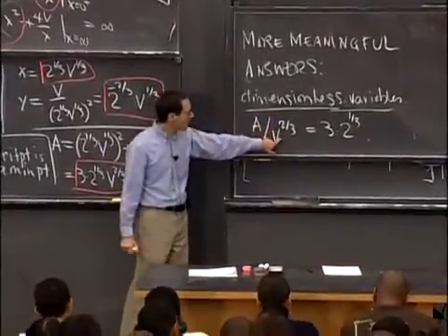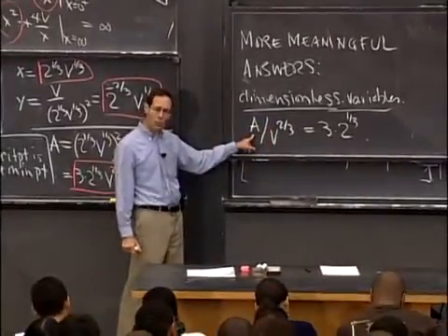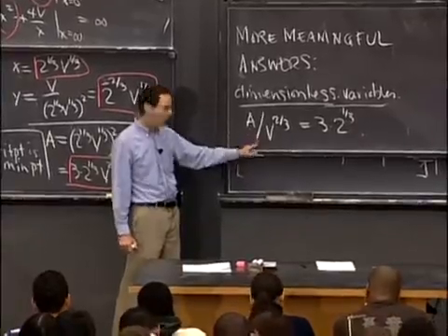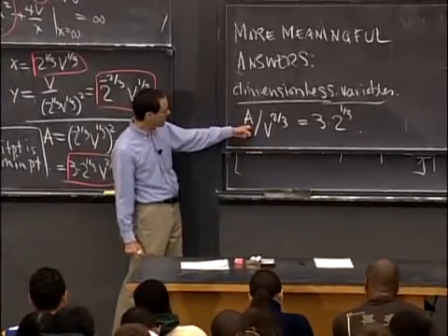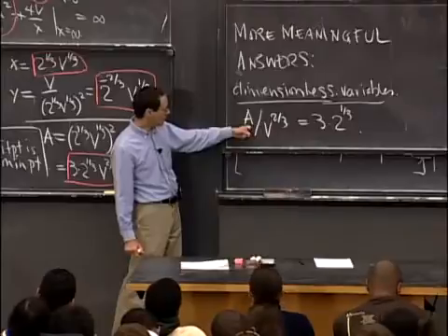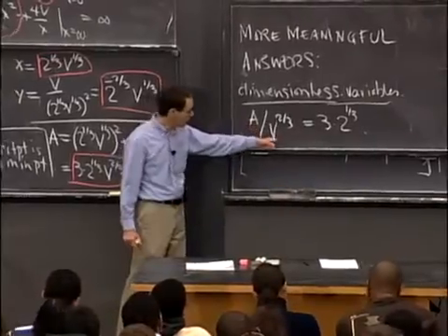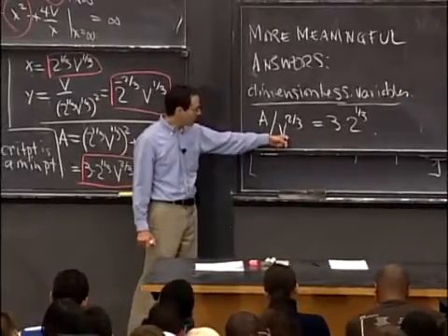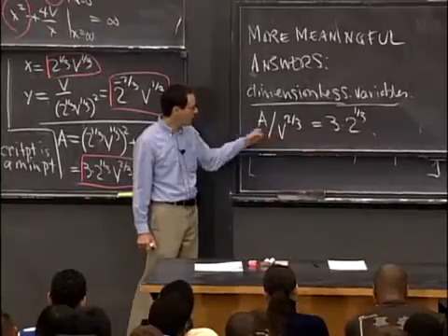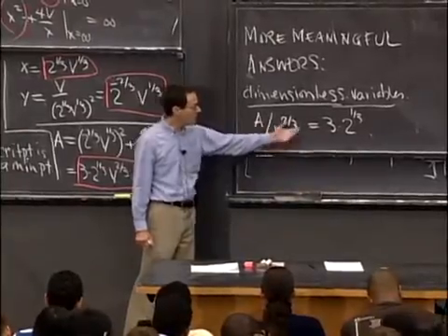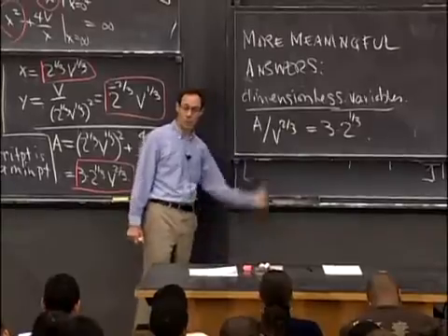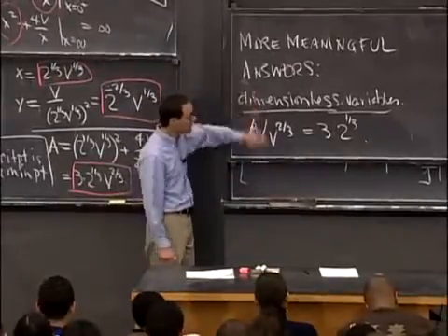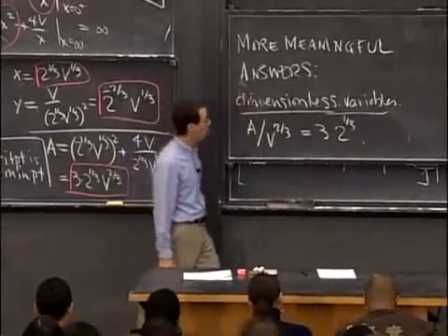If you want to expand the volume, you'll have to expand the area by the 2/3 power of the volume. And if you think of the area as being in, say, square inches, and the volume of the box as being in cubic inches, then you can see that this is a dimensionless quantity, and you have a dimensionless number here, which is a characteristic independent of what A and V were.